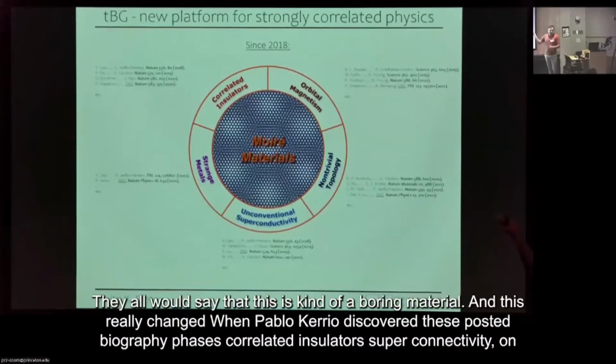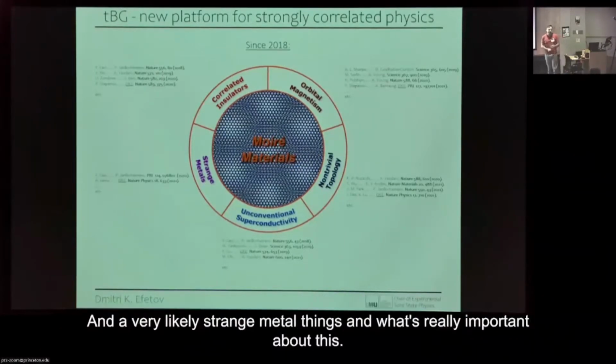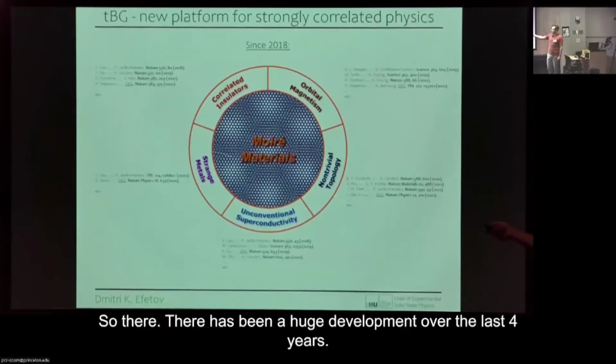This really changed when Pablo Jarillo-Herrero discovered these twisted bilayer graphene phases: correlated insulators, superconductivity, and so on. And of course, now we know that there are many other phases in this material, such as orbital magnetism, topological states, Chern bands, etc., and very likely a strange metal phase.